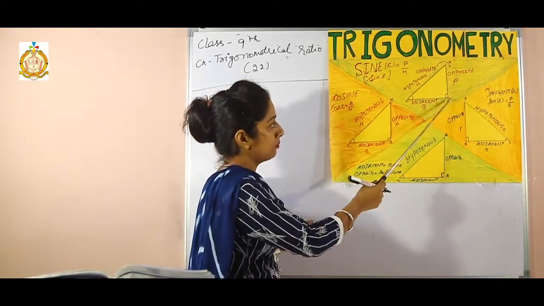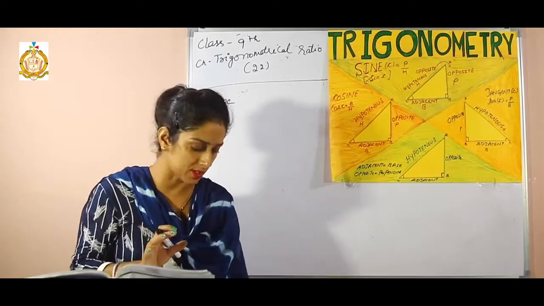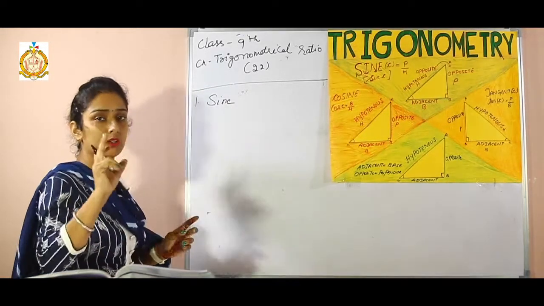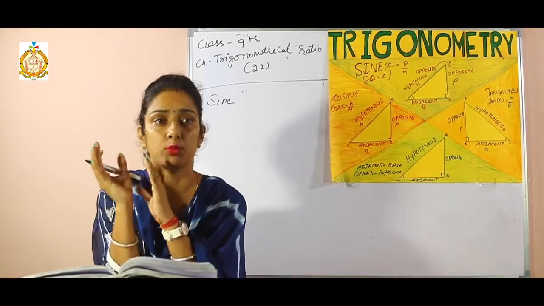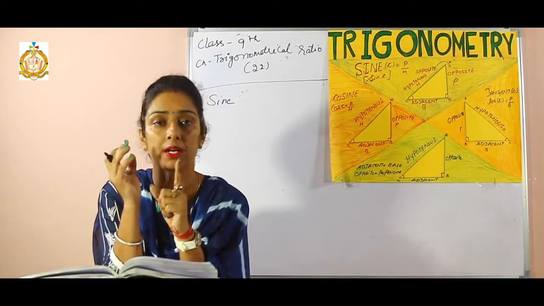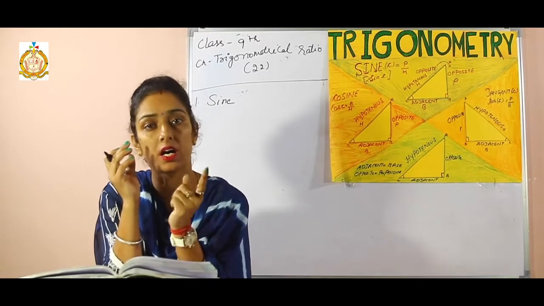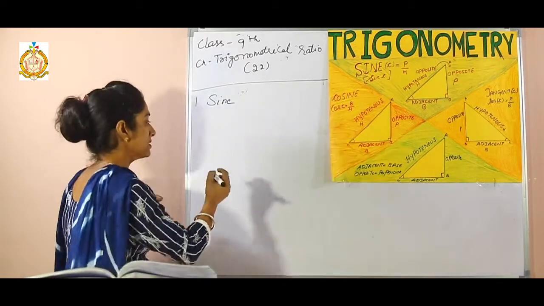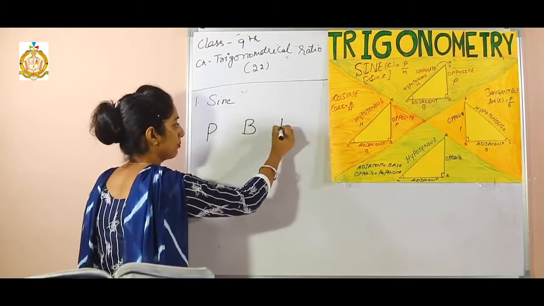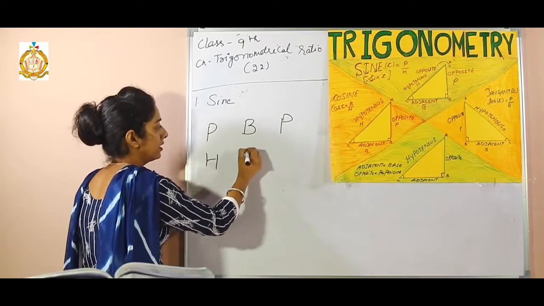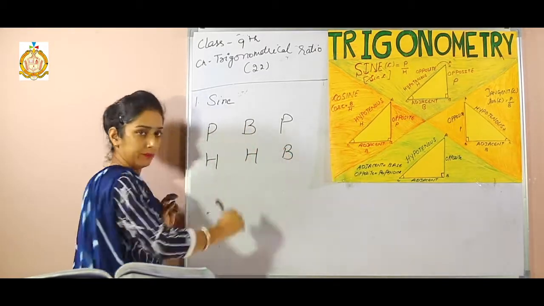Here A, B, C. One more very interesting thing, students: you have to learn one phrase, Pandit Badri Prasad har har bole. Means there is Pandit, there is Badri Prasad, har har bole.